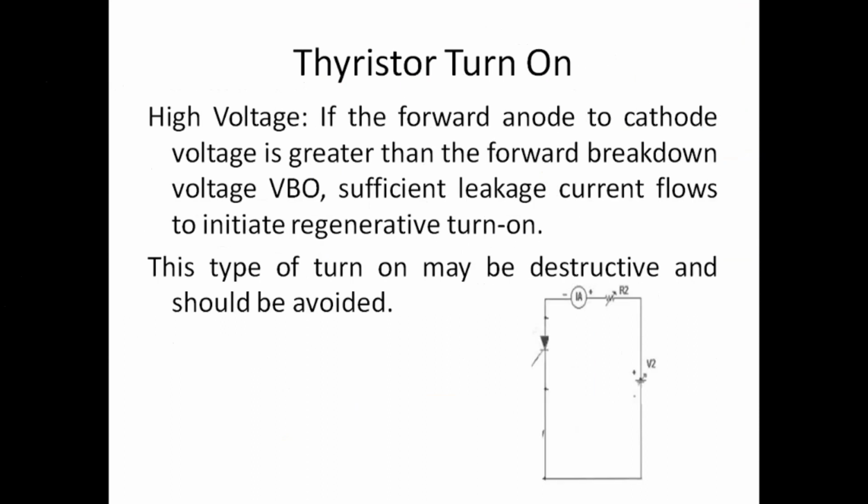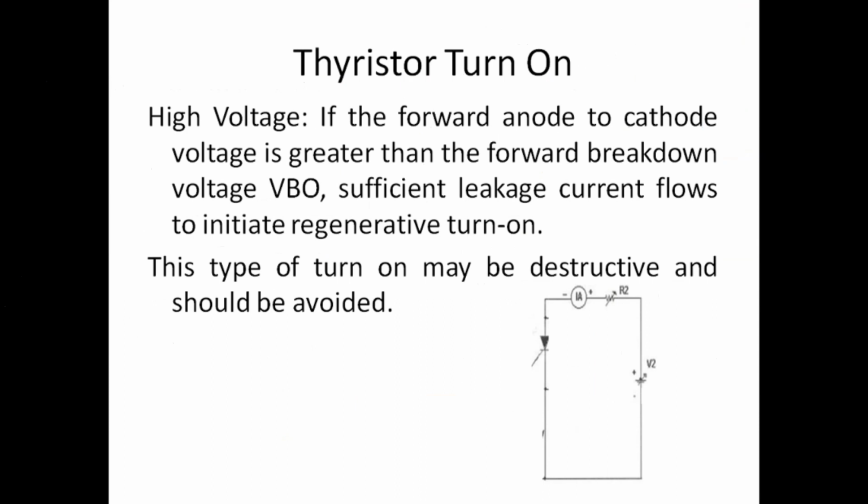Next, there is another method. One is applying a gate current, another one is passing light to the gate. Those are the two methods we are using to turn on an SCR.